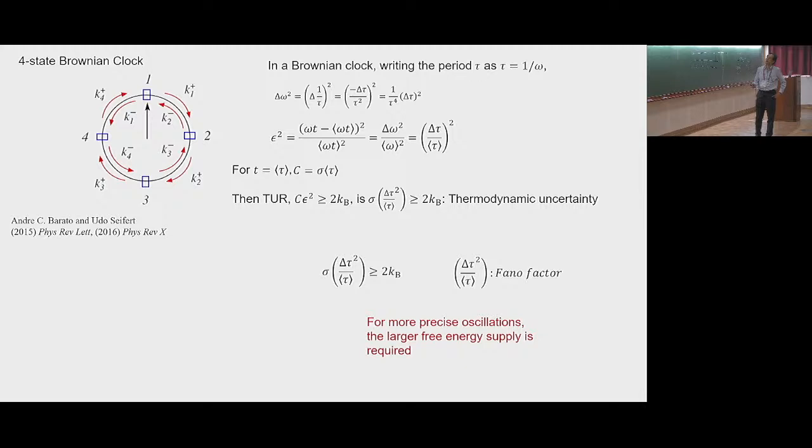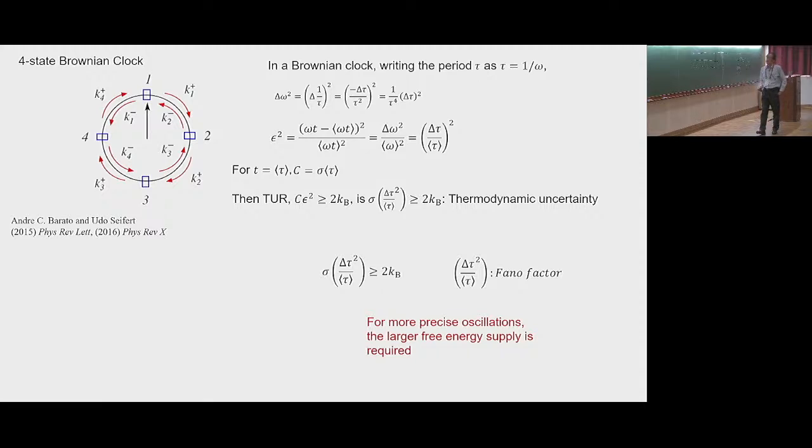So epsilon squared, which we considered in the previous slide, can be written like this: delta tau over tau, squared. If we consider the time during this average period, then TUR becomes sigma multiplied by this Fano factor. This is a dimensionful quantity, but it gives a reasonable index for the Poisson process. Anyway, this should be larger than 2 kB.